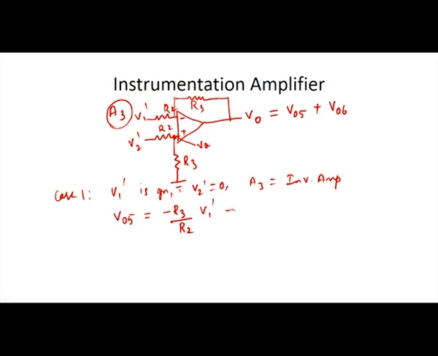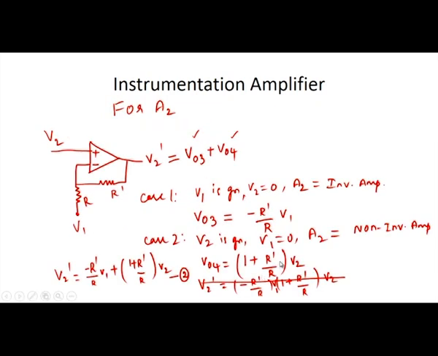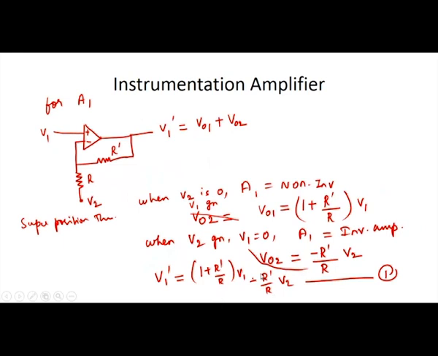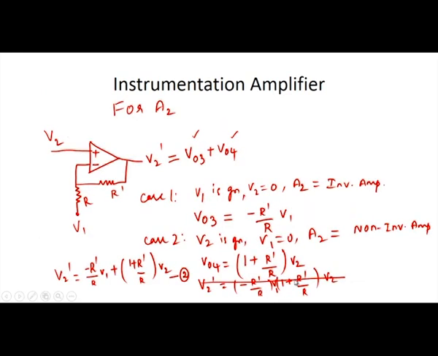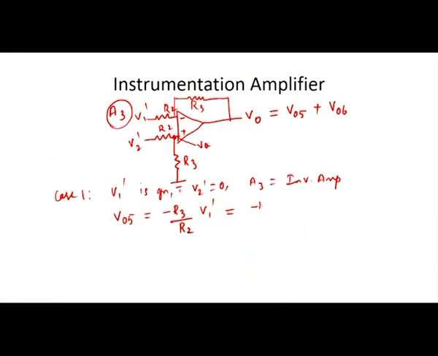We have derived what V1 dash is: V1 dash is actually derived as 1 plus R dash by R into V1 minus R dash by R into V2. So, substitute here: minus R3 by R2 into 1 plus R dash by R into V1 minus R dash by R into V2.